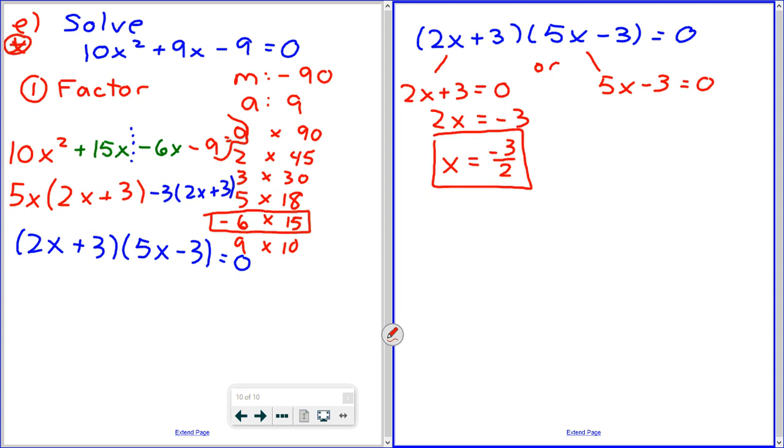On the right, 5x equals 3, so x equals 3 over 5. We'll talk more about this tomorrow, these are like your x-intercepts.